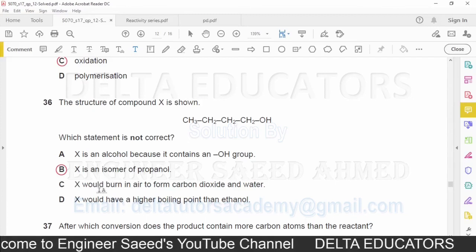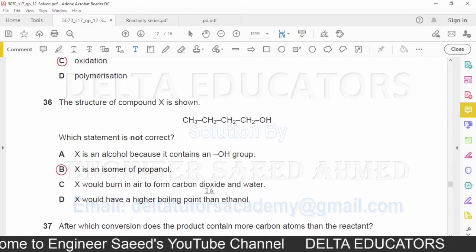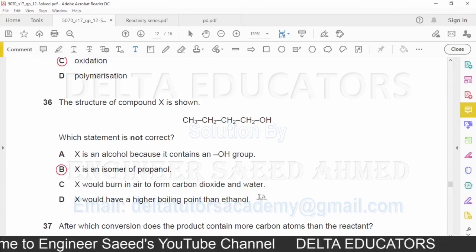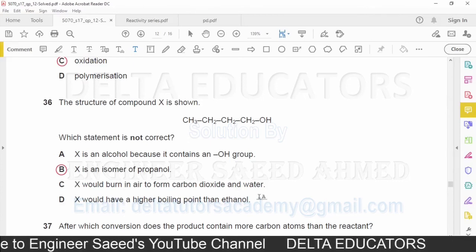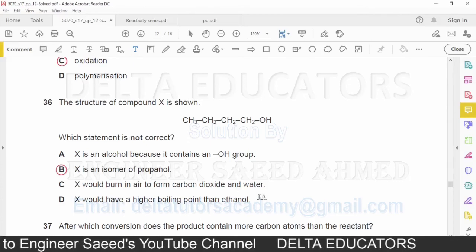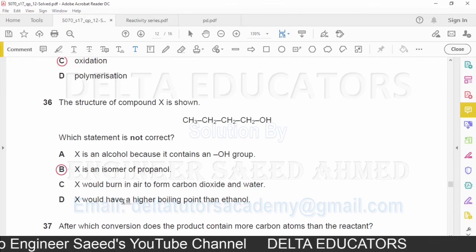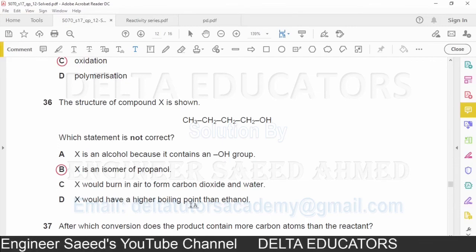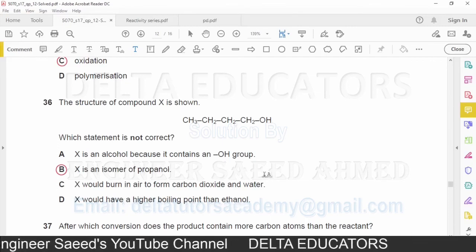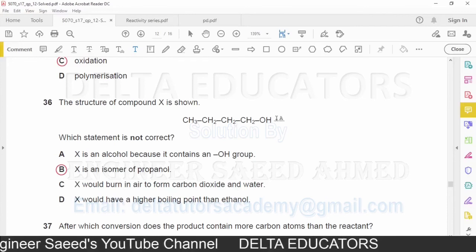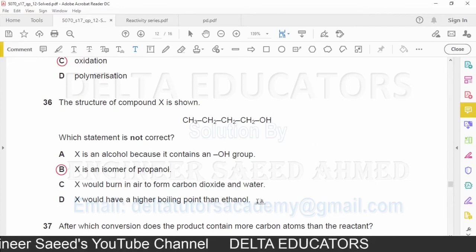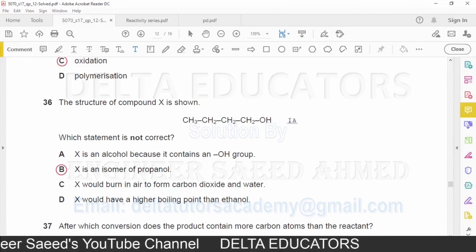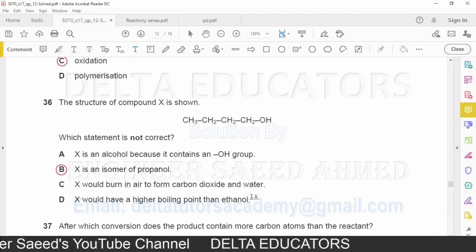In C, it is given X would burn in air to form carbon dioxide and water. Yes, it is correct. When we burn alcohol, we get carbon dioxide and water. In option D, it is given X would have higher boiling point than ethanol. Yes, it is butanol. It has more molecular mass as compared to ethanol. So boiling point of this butanol will be more as compared to ethanol.